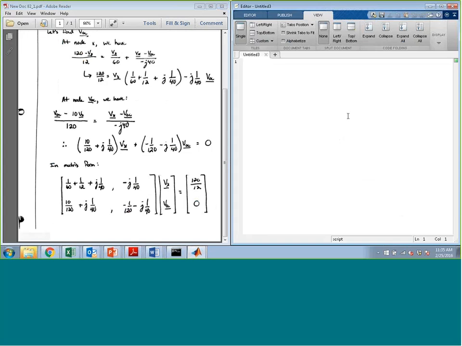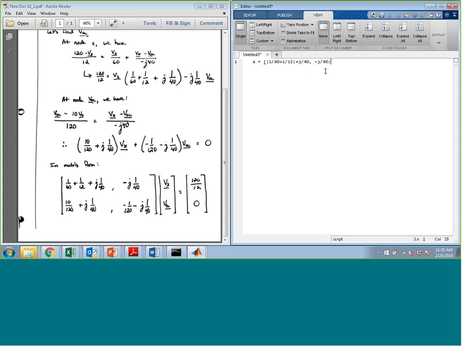I'm going to try to type in this matrix right here. I'm going to call it A. I put it in square brackets like this, and I write it out line by line. Let me write out the first line: 1 over 60 plus 1 over 12 plus j over 40. Matlab recognizes j as the imaginary number. I say comma to get the next entry, minus j over 40.